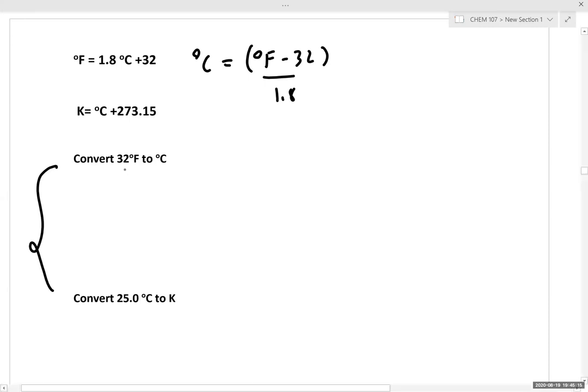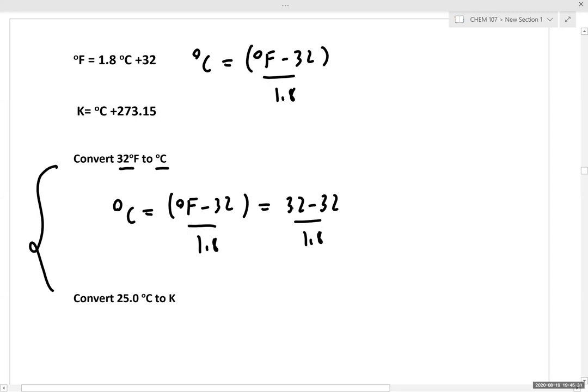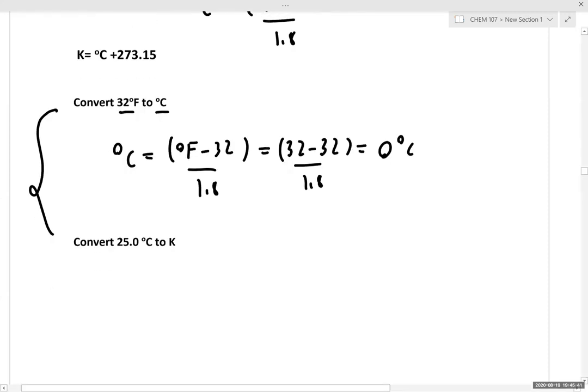First, if we're converting 32 degrees Fahrenheit to Celsius, the degrees Celsius are equal to the degrees Fahrenheit minus 32 over 1.8. So we take 32 minus 32 over 1.8, and that gives us 0 degrees Celsius. Let's look at this next example.